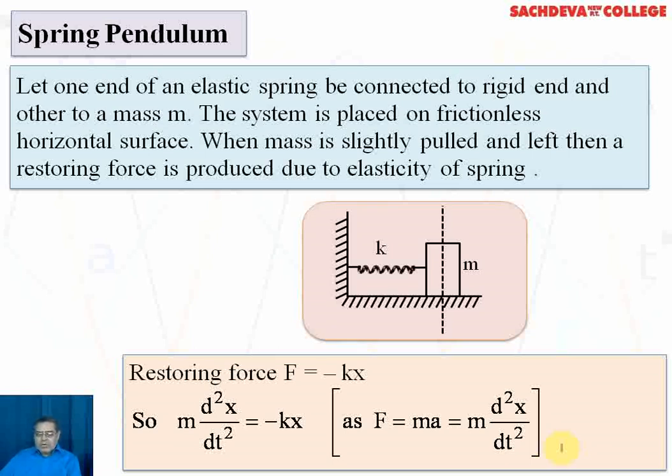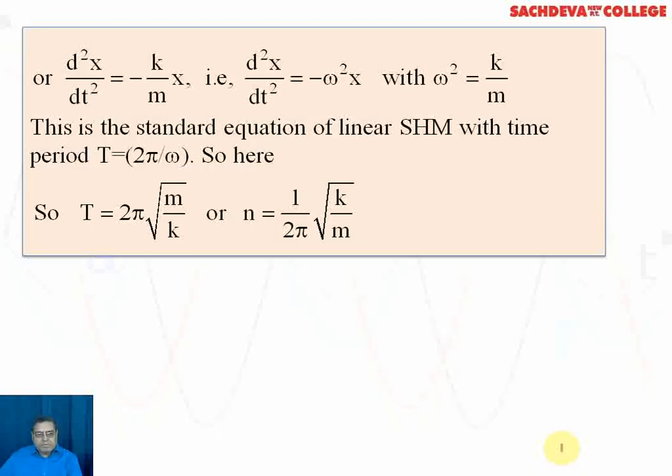But if we want to find the magnitude, we can take the modulus of minus kx, and the magnitude will always be positive. So the point to remember is that for every vector, if we take the modulus, it will become the magnitude of that particular vector.